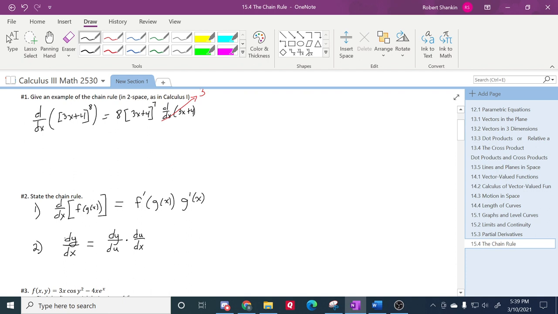If we did it this way, let me do it in blue up here, you would do a u substitution. You would let u equal the inner function. So that's my intermediate function. Then, so we're taking d dx of u to the 8th.